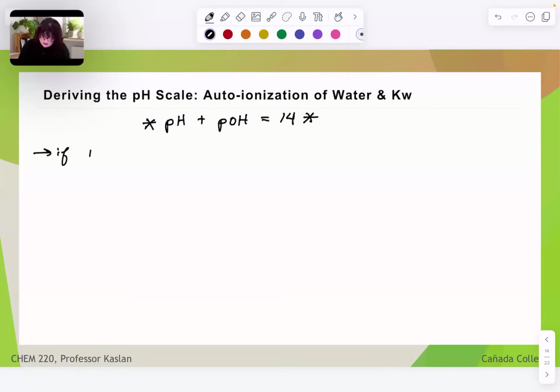If we are neutral, then we cannot have a predominance of acidic H3O plus or basic OH minus particles in solution. They have to be perfectly equivalent.